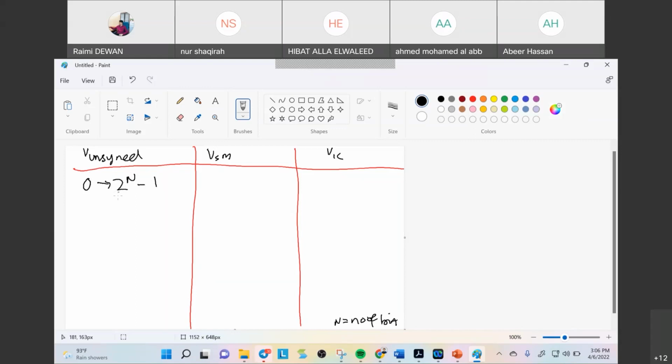How many combinations are possible in the unsigned number? We have 2 to the power of n possible combinations, because it includes the 0.